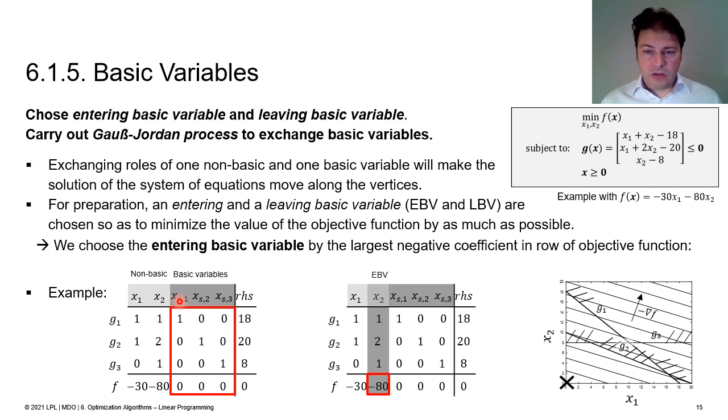And which constraint should we activate? Going down x2, you wouldn't want to activate this constraint, for example, or this constraint, or this constraint. The one you would like to activate is the one that will become active first.